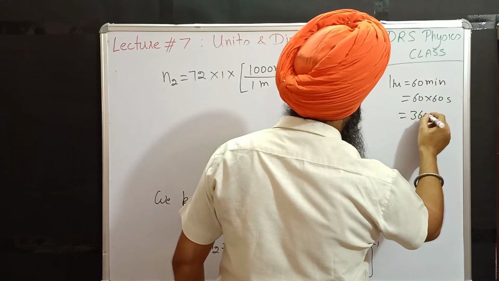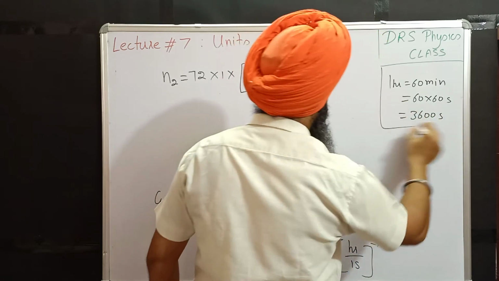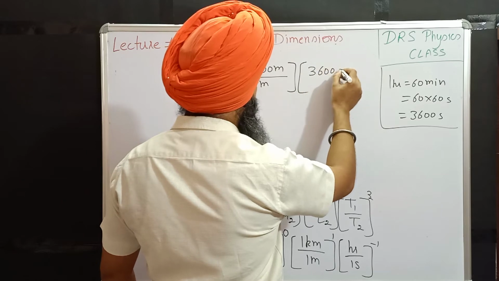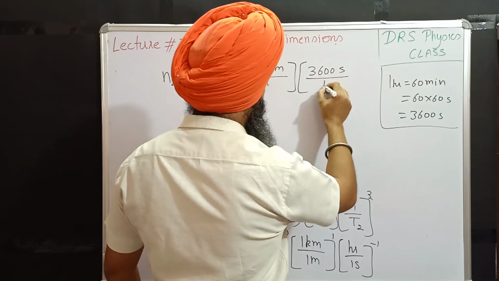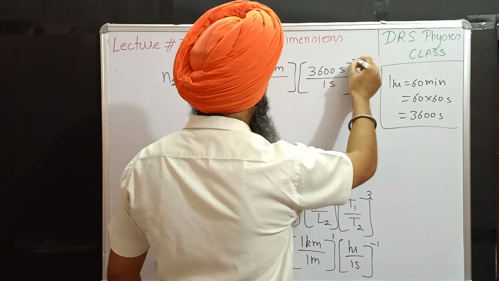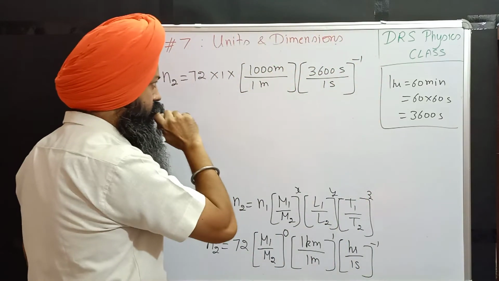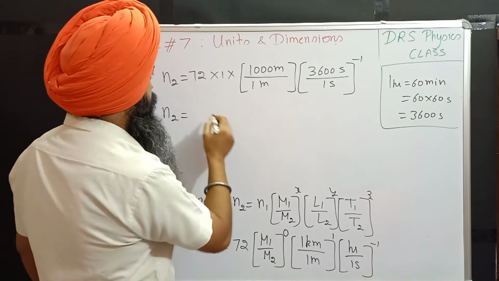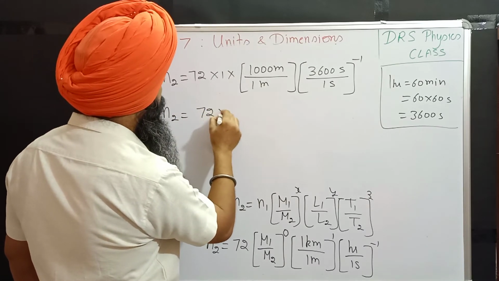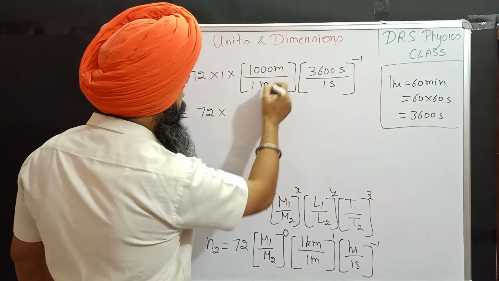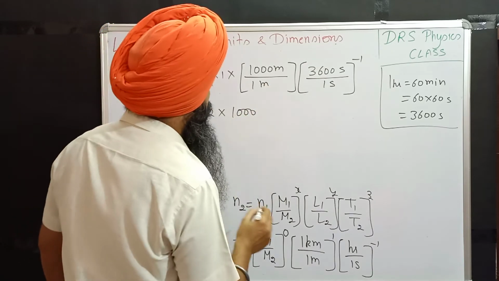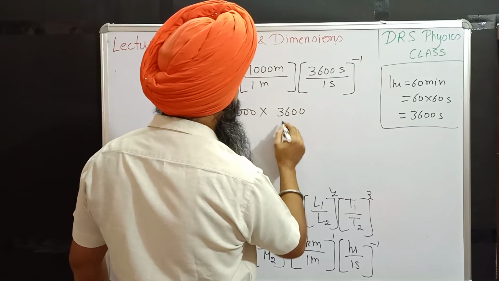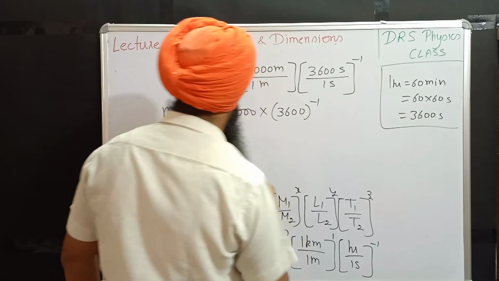We get 3600 seconds. You can do it in rough work or if you remember it. Very good. 3600 second upon 1 second, power minus 1. So n2 is equal to 72 into 1000 into 3600 power minus 1.